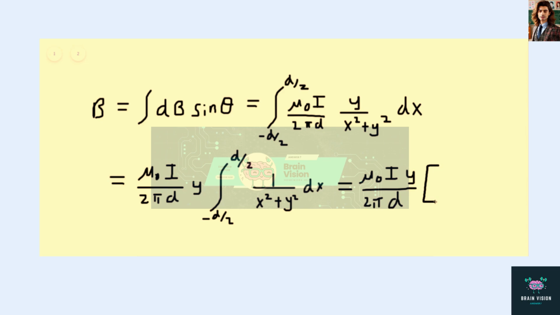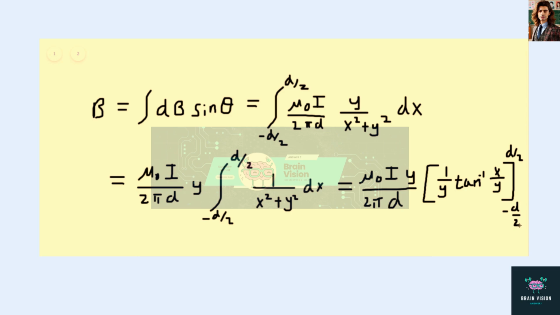Well, the integral of 1 over x squared plus y squared with respect to dx comes out to equal 1 over y times the inverse tangent of x over y. And then again, these were integrated from minus d over 2 to d over 2. So there's the top and bottom bounds of the integration.